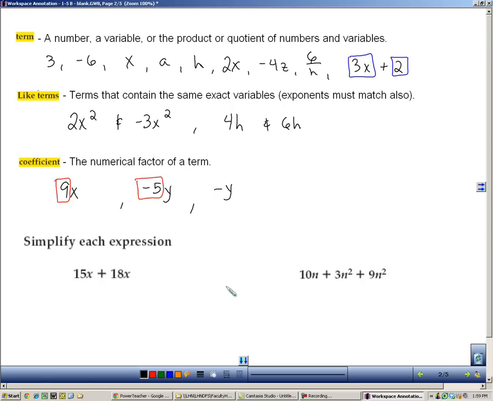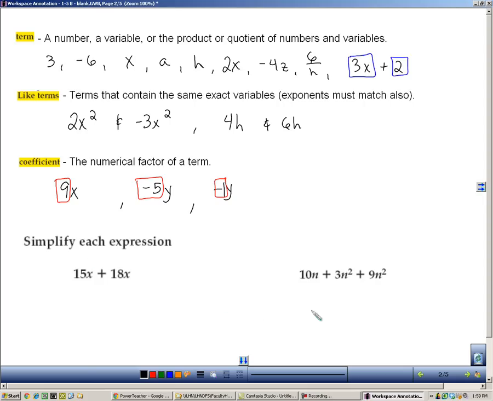What's the coefficient there? Well, the number that's in front of the y is a negative something, and when there's nothing there, we assume that there's a number 1. So in this case, the coefficient of this term is negative 1. A lot of people forget that. So the coefficient is the numerical portion, or the numerical factor, of a term.